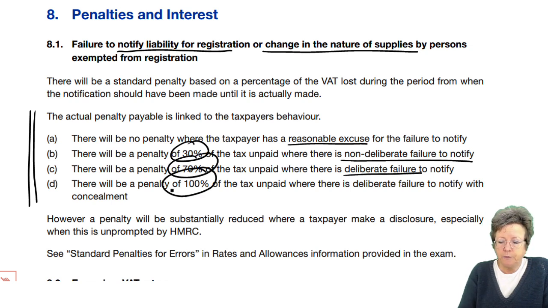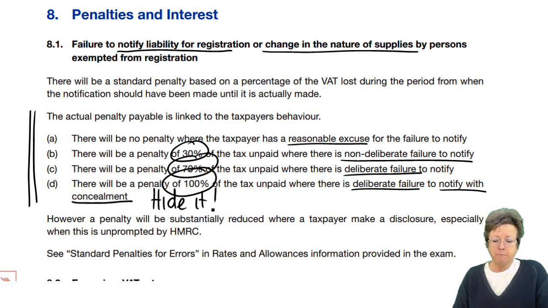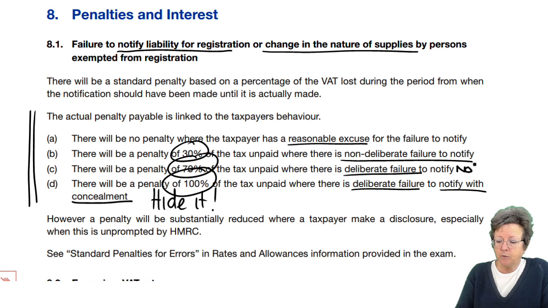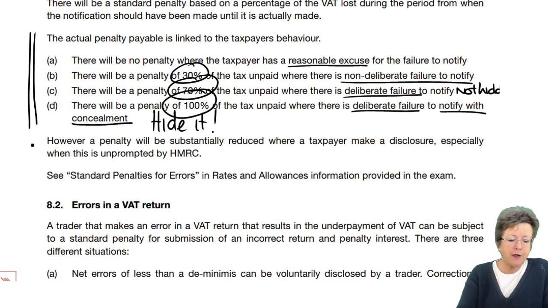And 100% deliberate failure to notify with concealment. In other words, you hid it. Okay. So this one is not hidden. Remember those, because that could be a multiple choice question.